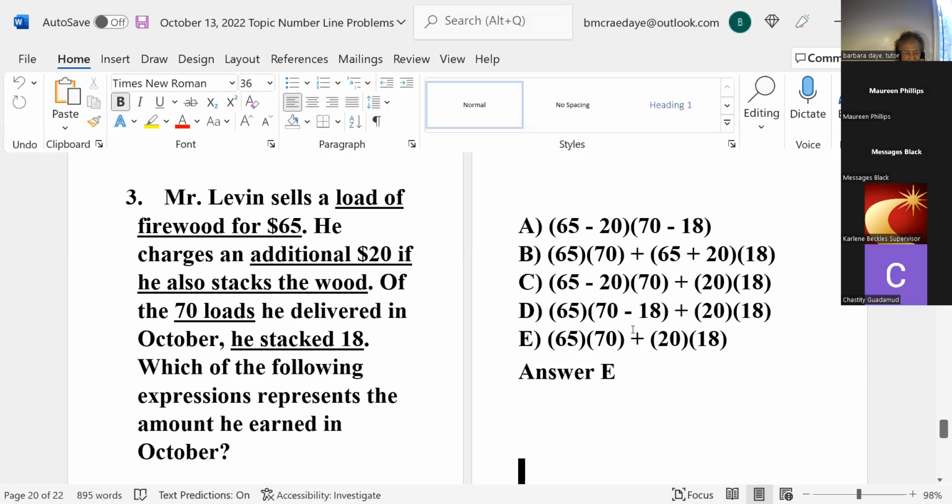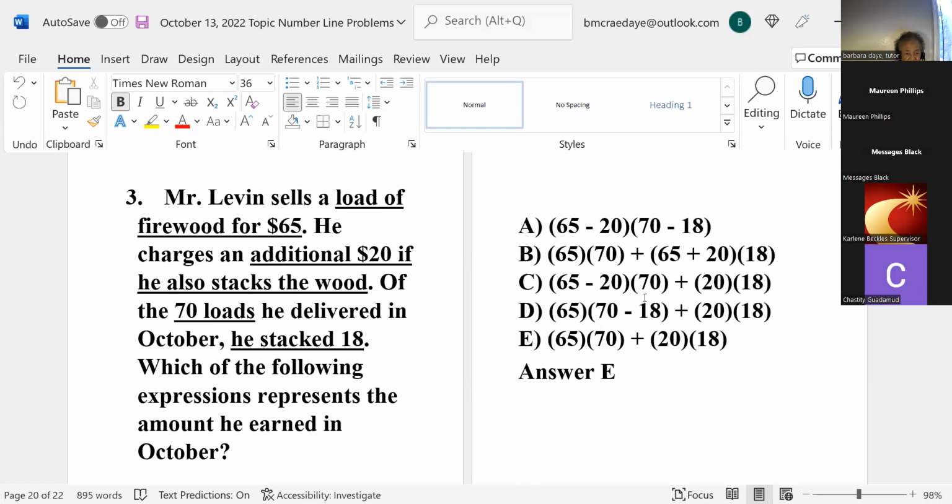That does not make sense. You multiply 65 by 70, and then multiply 20 by 18 to know how much the stacking is. So you've got a load cost and a stacking cost, and those two you add together to get how much he earned.